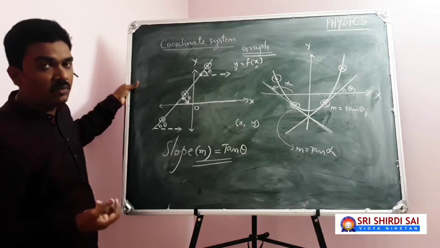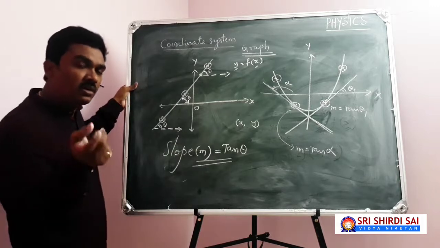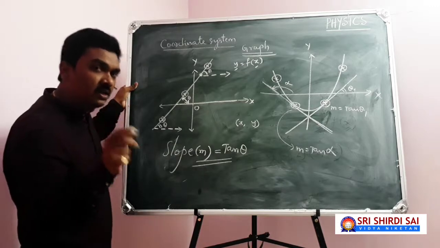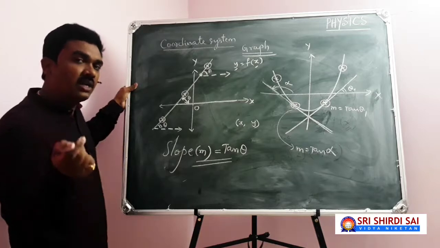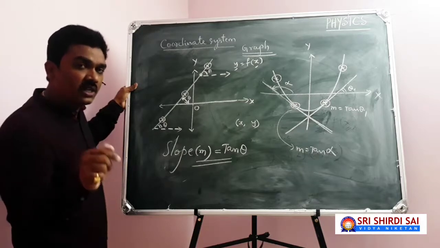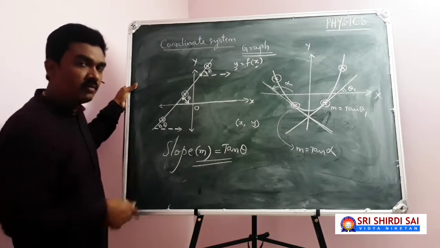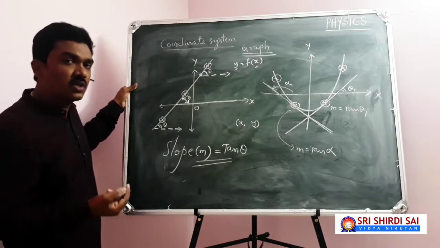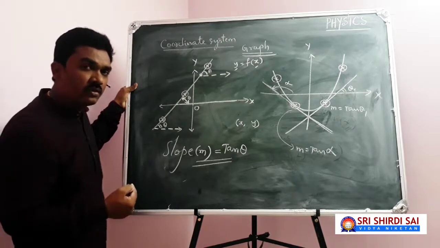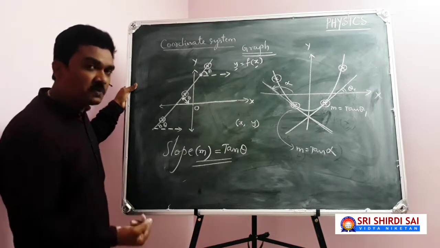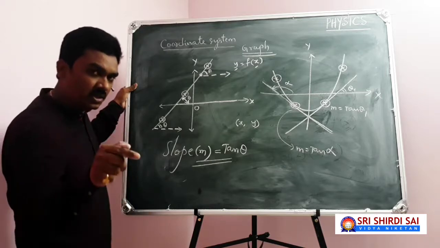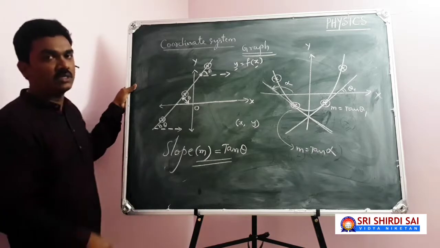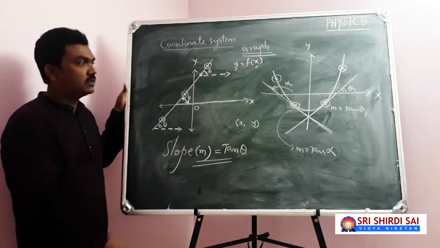Because based on the mathematical equation, you can guess whether your graph is a straight line or a curve, and what is slope of the graph. Everything you can expect from a given mathematical equation. That we are going to discuss now. Once note down this.